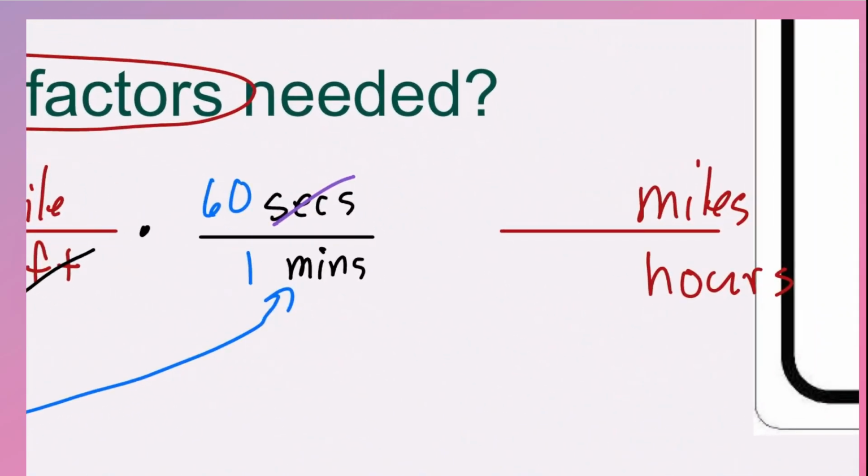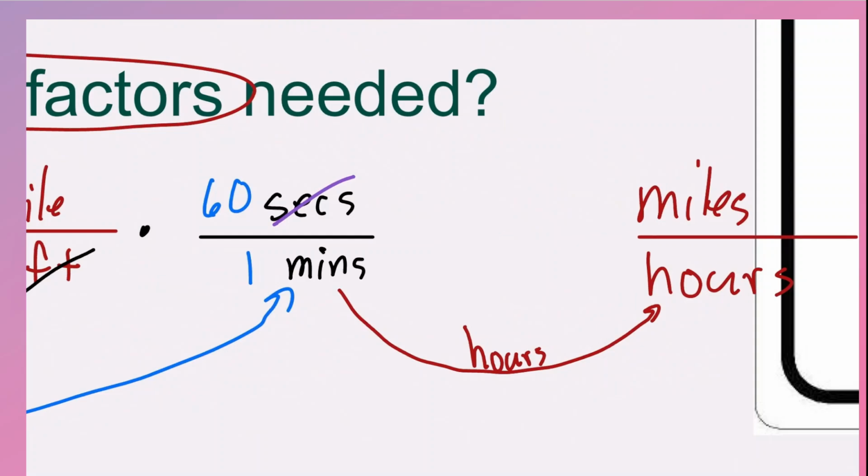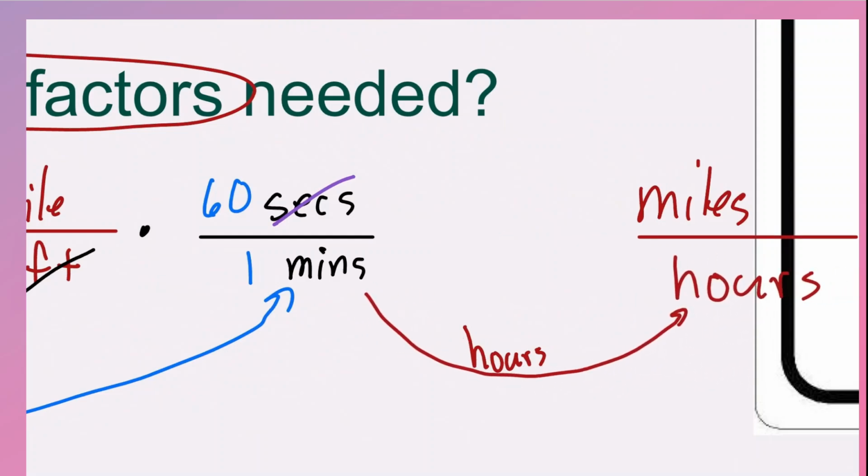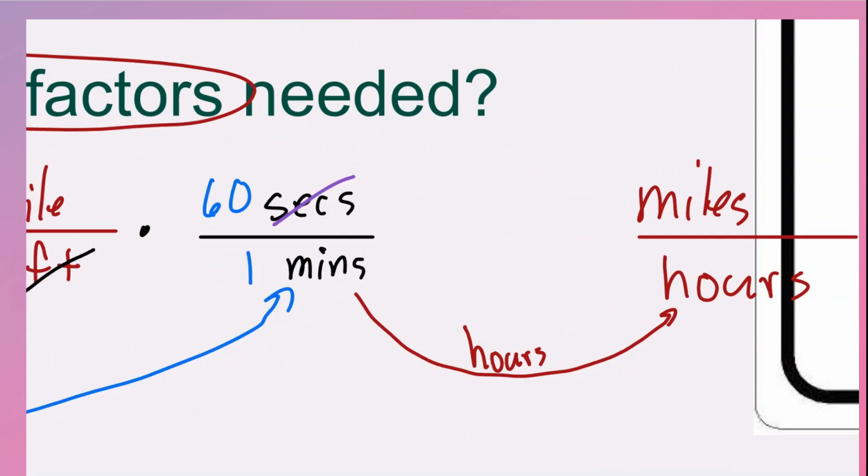Now I need to take minutes to hours. To go from minutes to hours, we need a conversion factor. I'll scoot this over a little bit. We're going to put minutes on top and hours on bottom.